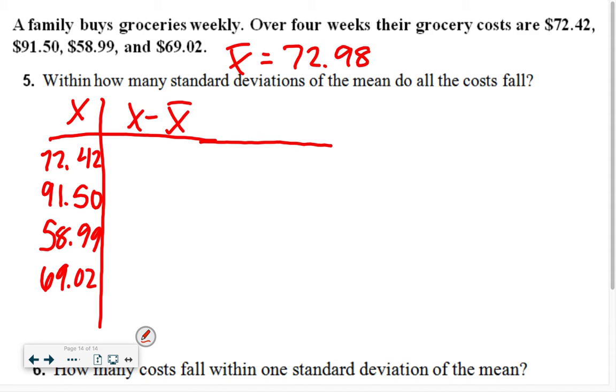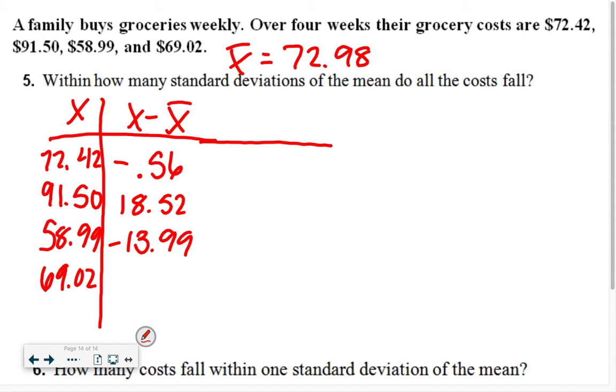Can you read out the column for me? First one's negative what? 0.56. Second one. 18.52. Third. 13.99.